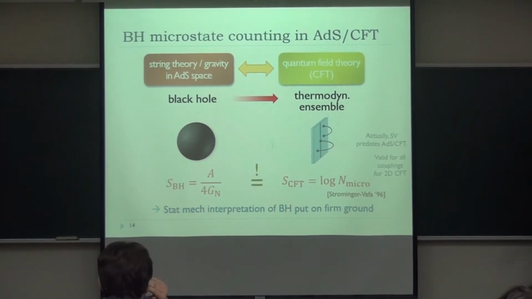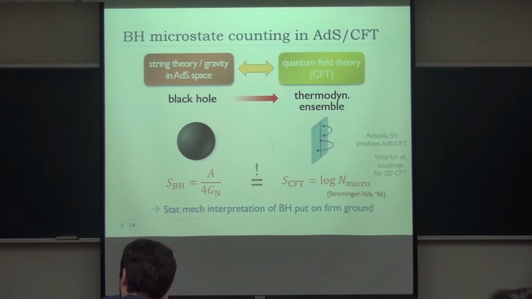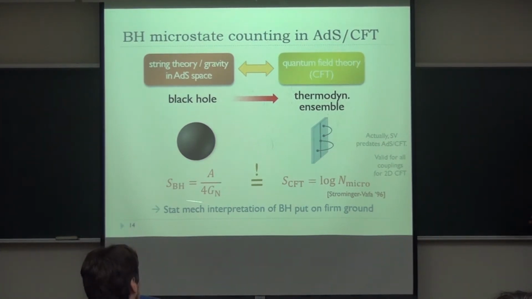But you don't have to use it for 2D CFT, because even for strong coupling, you can use the Cardy formula to count the entropy of the CFT, and this agreement holds. Anyways, all I'm saying is that using AdS/CFT, this is on a firm footing.